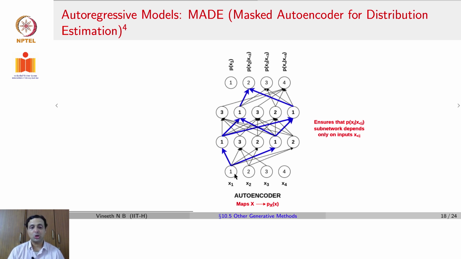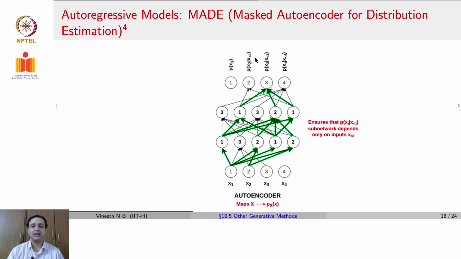So this procedure ensured that if you had p of x2 given x less than 2, you notice these blue arrows that it's connected to only nodes labeled 1. It's not connected to even a node labeled 2 at all, which was our goal in the first place, which ensures that only input x1 influences p of x2 given all the other random variables less than 2.